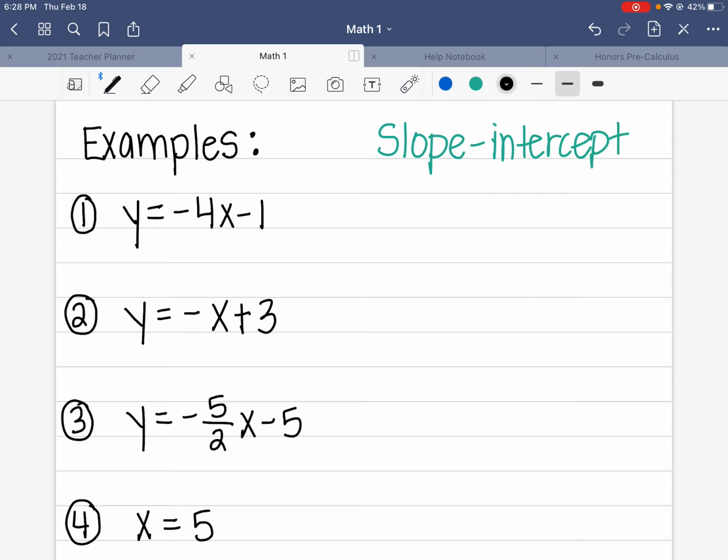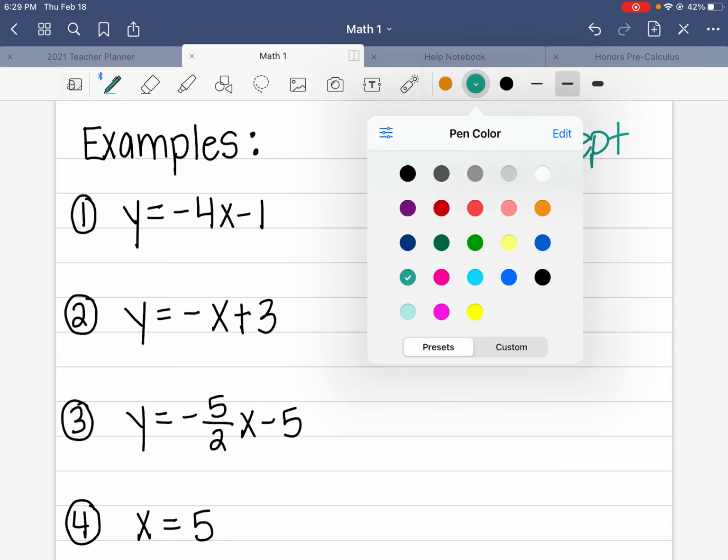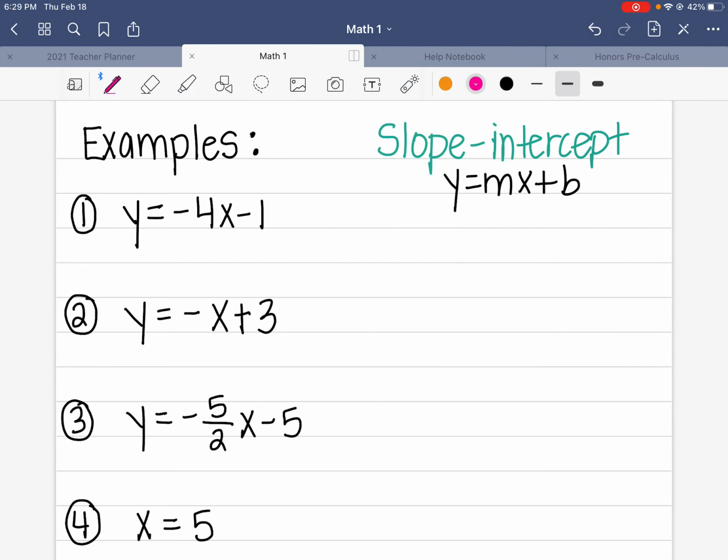We are going to practice identifying what the slope is and what the y-intercept is. Looking at this first example, I can see that this is in slope-intercept form. So my slope is -4. My y-intercept is -1. And it's that simple.